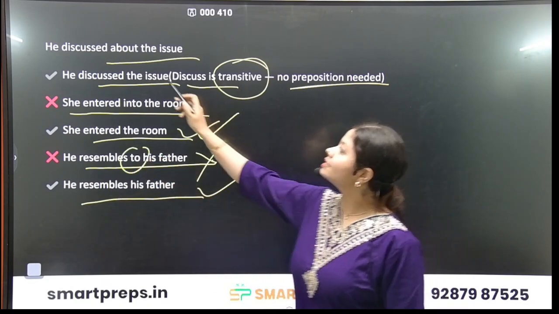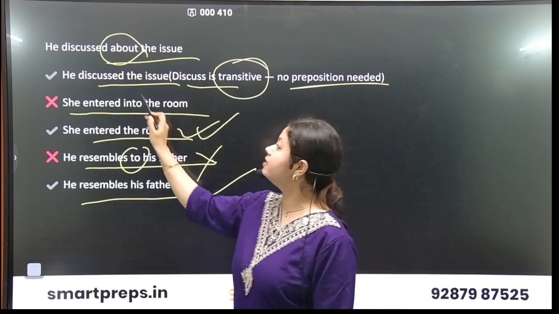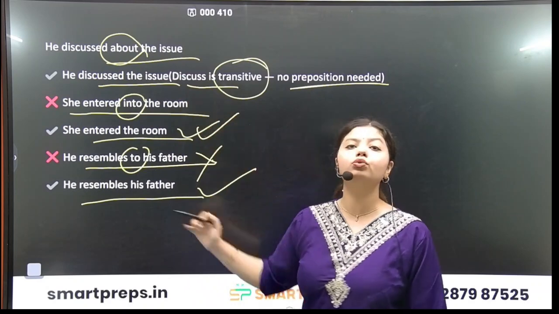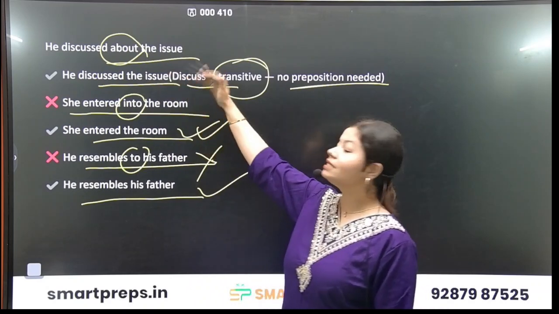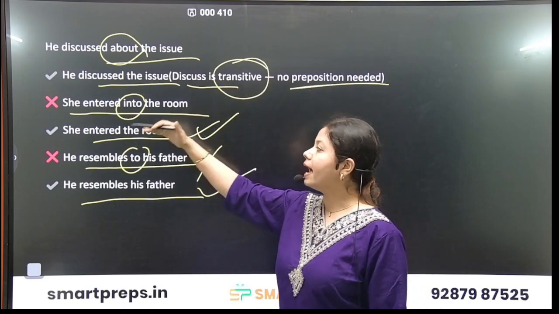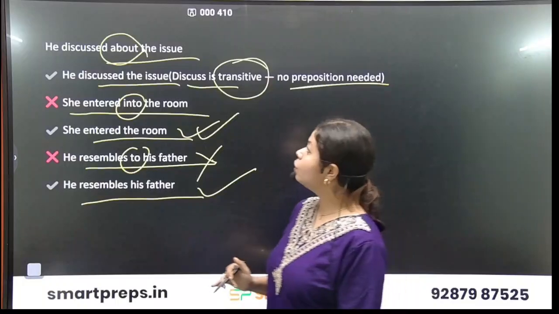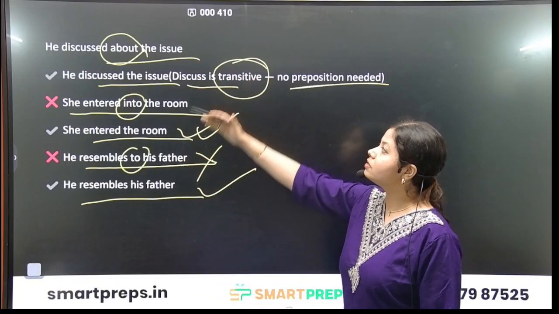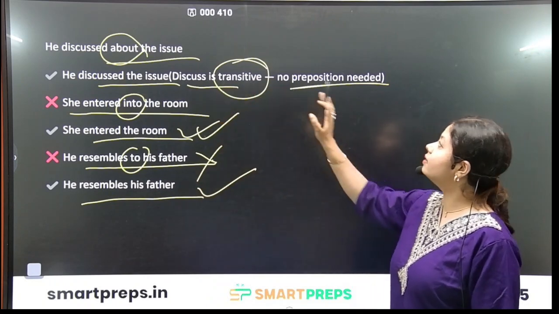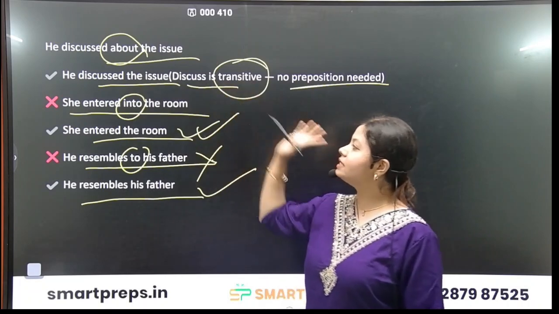So these prepositions, about, into, to, are not required. We'll simply say "He discussed the issue," "She entered the room," "He resembles his father." Issue, room, father, these objects do not require a preposition because discuss is transitive.